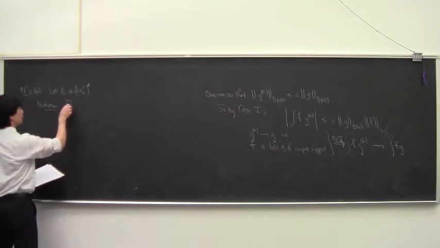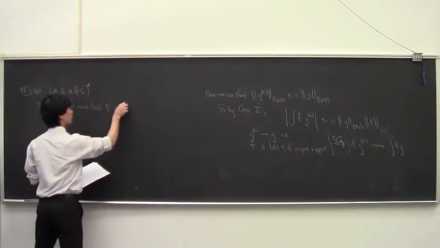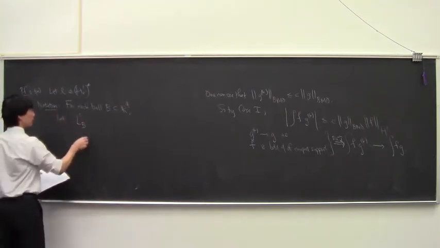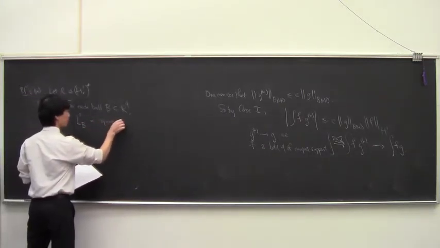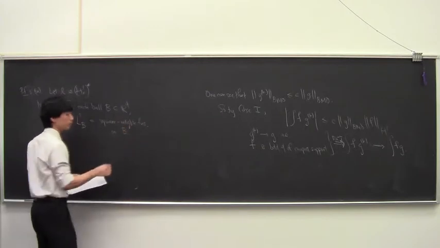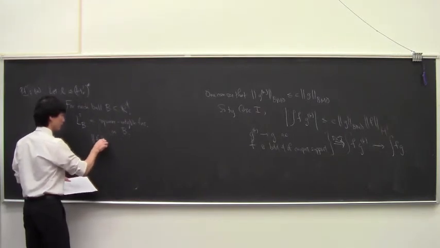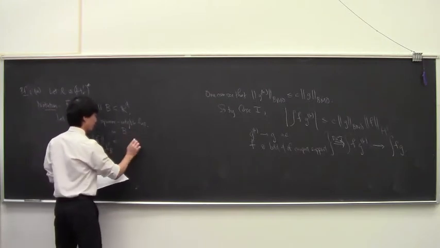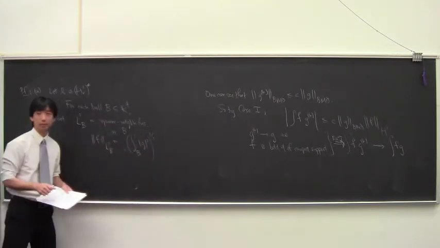For each ball B, let L2 sub B be the square integrable functions on B. So just L2 restricted to B, with the L2 B norm being the L2 norm of the function.